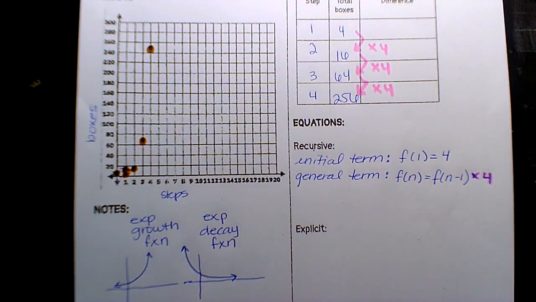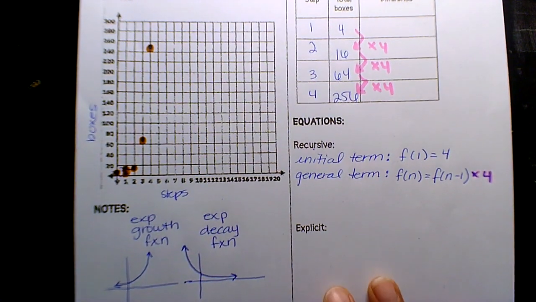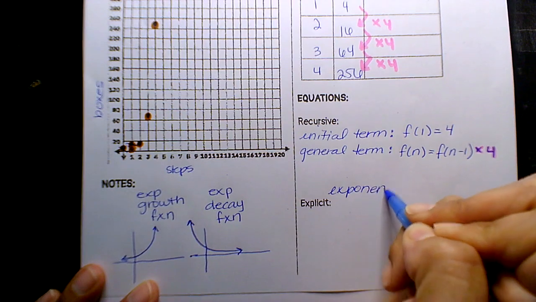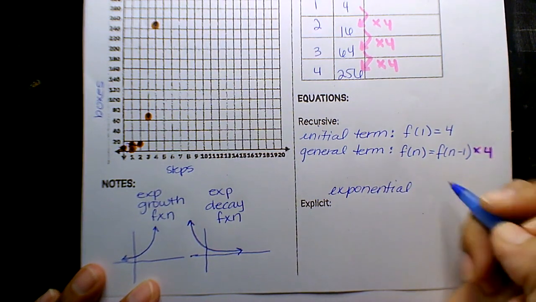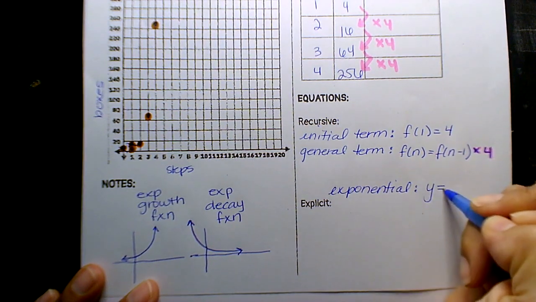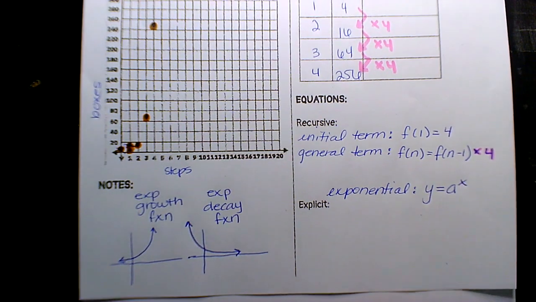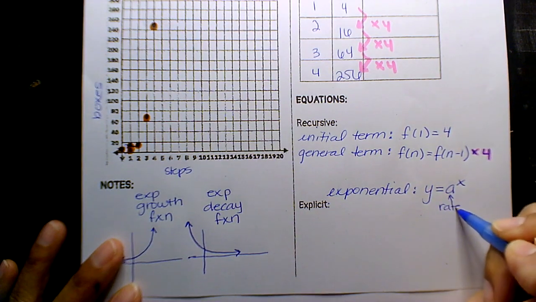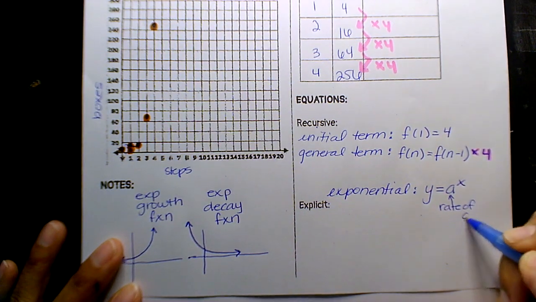Always 2 terms. Okay, what is explicit? An exponential function, whether it's growth or decay, is y equals a to the x. This a is your rate of change.